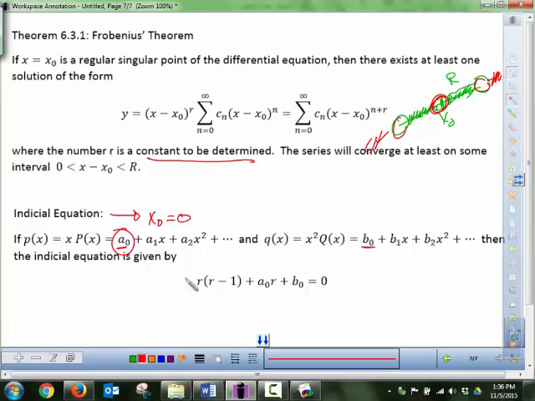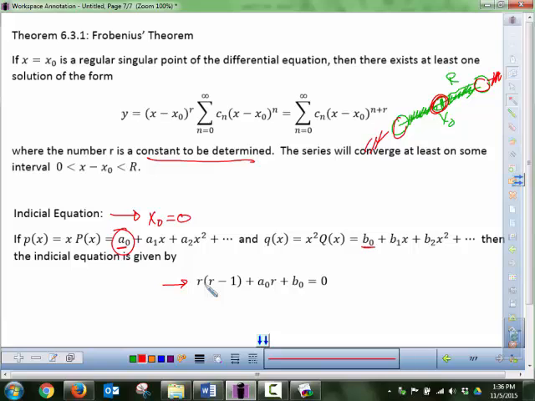And so the indicial equation that you're going to solve is going to be this thing. Where they got it from, I don't know. Let's just say Mr. Frobenius got it, and we'll just use it.